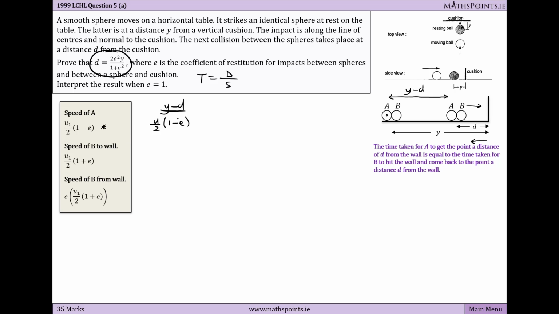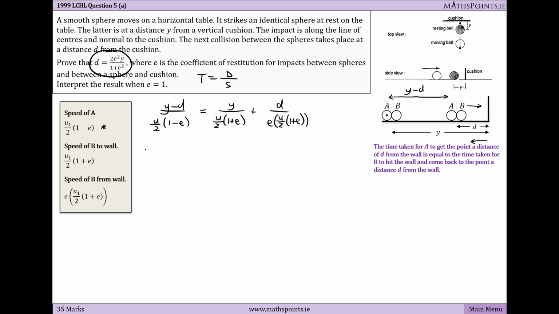So that's the time taken for A to travel the distance of y minus d. That should be equal to the time taken for B to travel a distance of y at a speed of u over 2 on 1 plus e, plus a distance of d at a speed of e on u over 2 on 1 plus e.